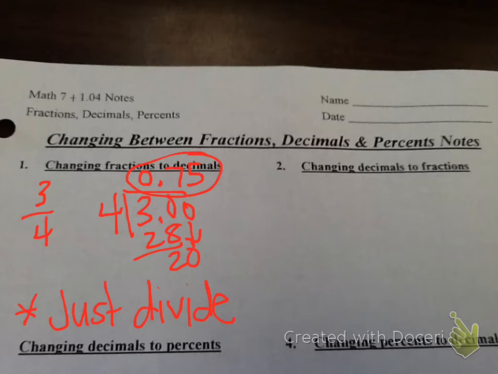Changing decimals to fractions. If I have 0.75 and I want to change that to a fraction, I just need to know that I write the number over its place value.